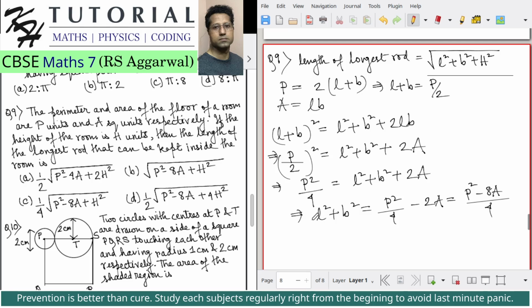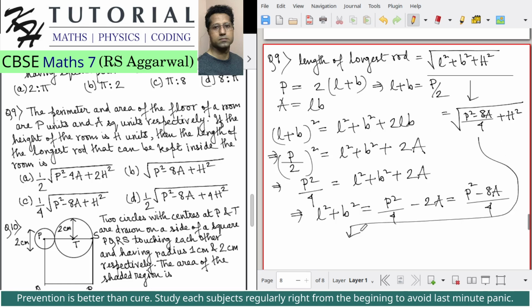So now this becomes equal to the square root of (P square minus 8A) by 4 plus H square.